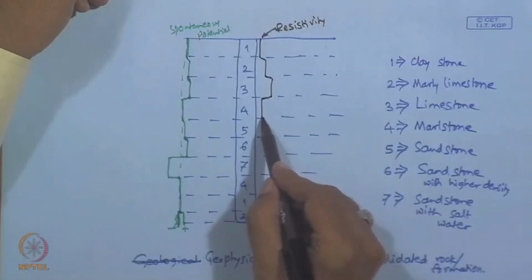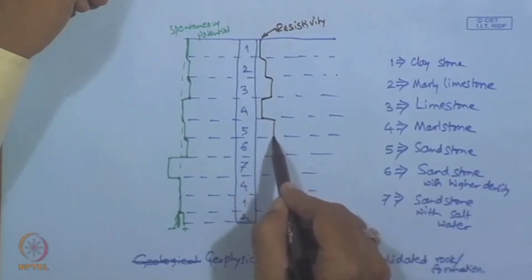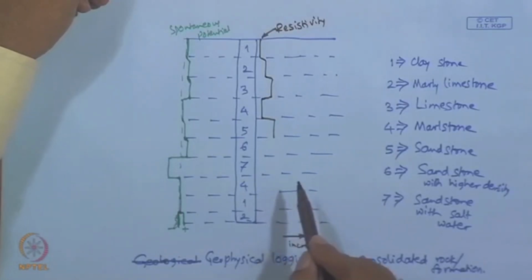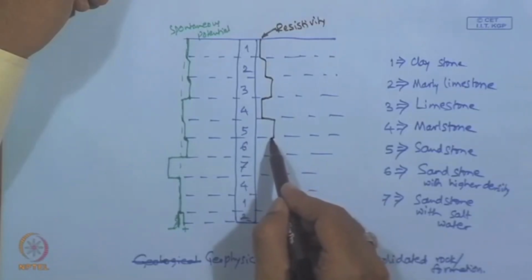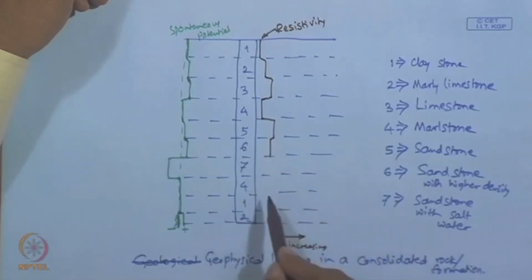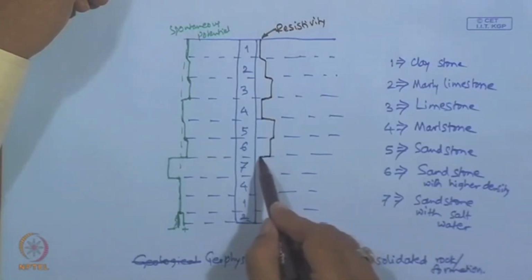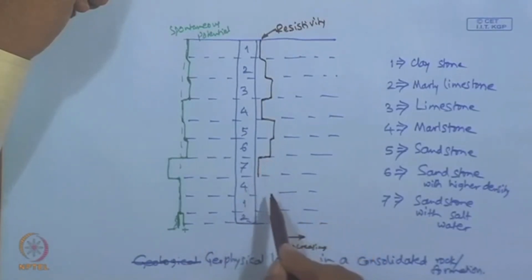The sandstone has higher resistivity, and the sixth one, dense sandstone, will have slightly lower resistivity, and the seventh one is sandstone with salt water, and that will have much less resistivity.